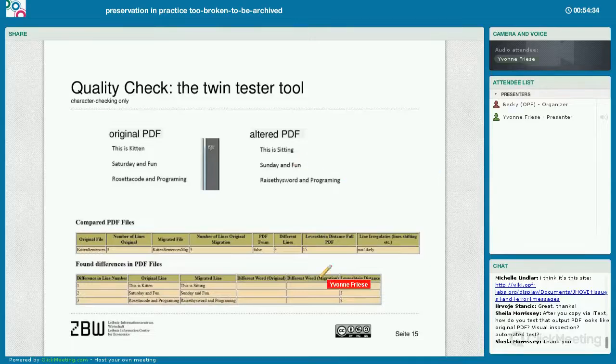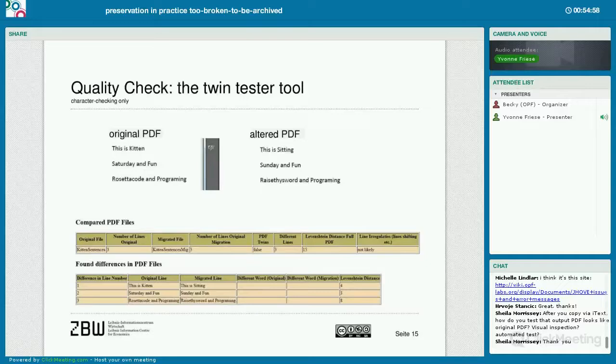You see, and this is not out of focus, so now I'm relieved. I think everybody can see what the screenshot says. It says the name of the original file, the migrated file, and the number of lines, which usually is bigger than 3, of course, but this should be an easy example. And it says how many lines are different.